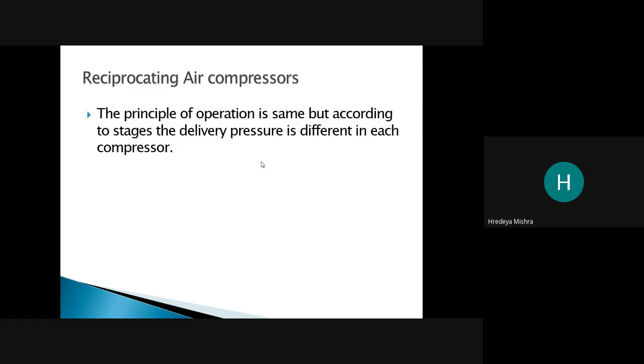Now, the principle of operation is the same, but according to stages, the delivery pressure is different in each compressor. Okay, it means if the number of cylinders or number of stages increases, we can increase the discharge pressure.